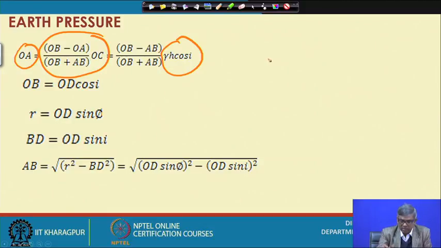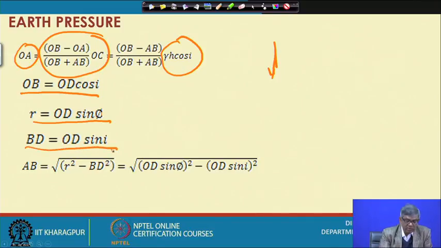So gamma h was vertical here, but if I want to make it inclined, that component will be with cos i. And then OB, if I go back to the diagram, OB equal to OD cos i, and R equal to OD sin i, and BD equal to OD sin i. So then AB equal to this.